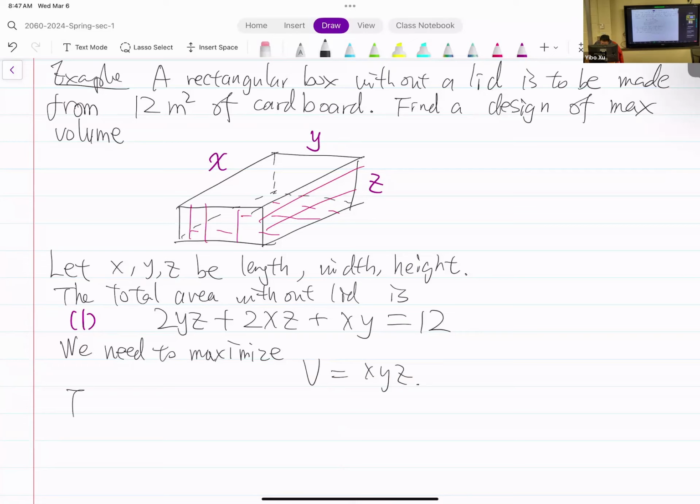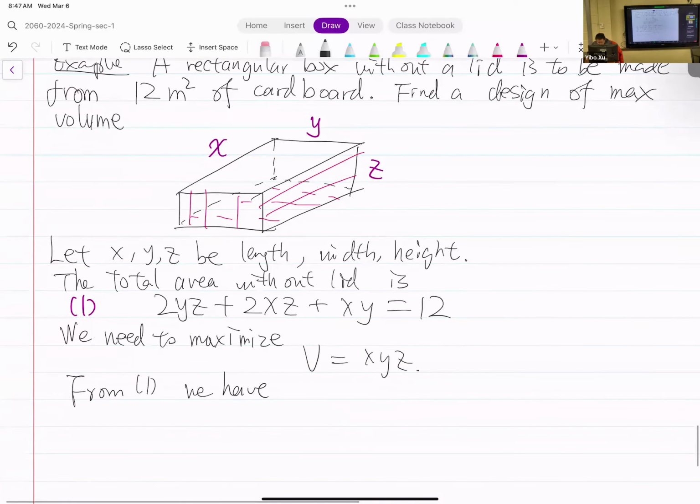Okay. From 1, let's say we get rid of z. So from equation 1, we solve for z. Basically, we put everything with z on the left-hand side, everything without z on the right-hand side. So you have 2z times (x plus y), plus xy, equals 12, so 2z(x+y) equals 12 minus xy.